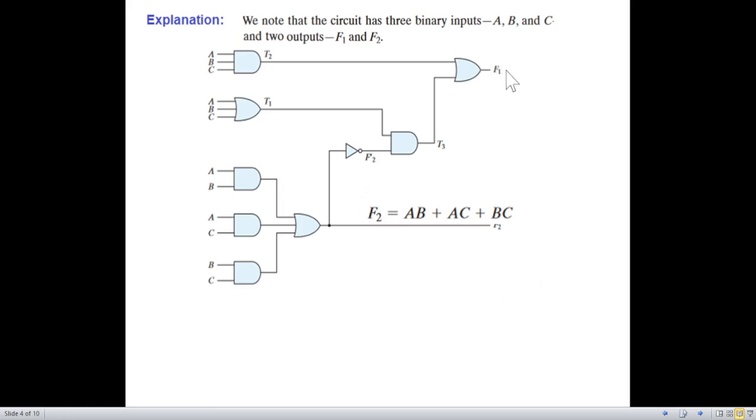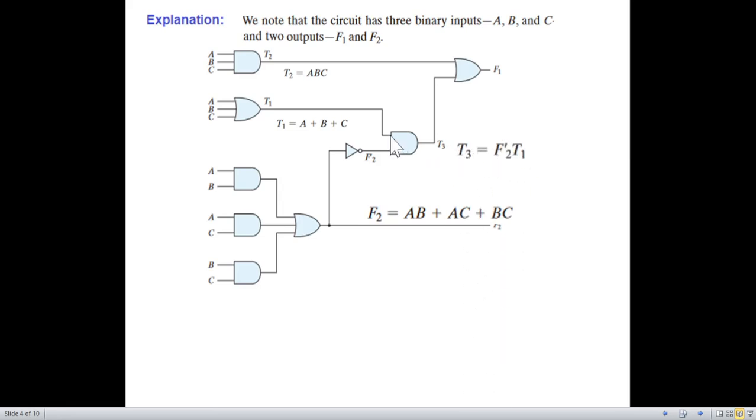Now we have to find F1. From here you can see this is an OR gate. So T1 we can write as A or B or C. And T2 is connected with a three-terminal input AND gate, so it can be written as T2 equals A and B and C. Now, what about T3?